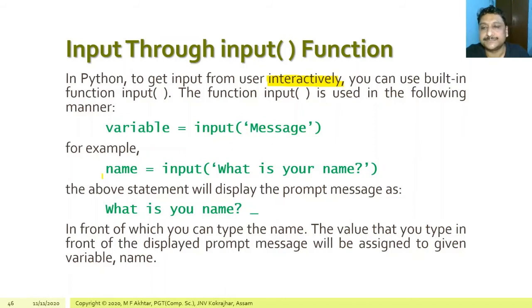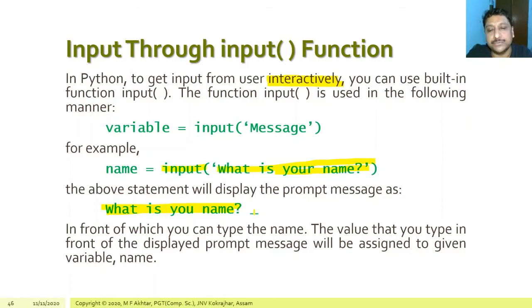For example, name equals input, 'What is your name', this message is given within single quotation marks. When this statement gets executed, it will display this message on the screen, and the cursor will blink, where the program halts for some time, and you have to type some name and press the enter key.